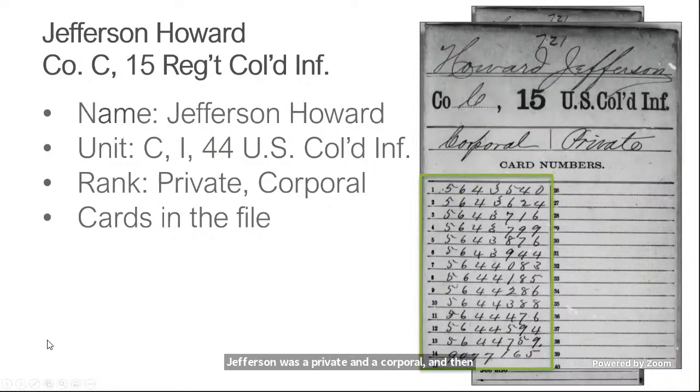And then you have this list of the cards that follow this first card. So these other cards are what were created from the other service records. If he's on a list from a hospital, they make a card about it. If he's on a list of a prisoner of war, they make a card about it. They file all these cards behind this main card in the packet.